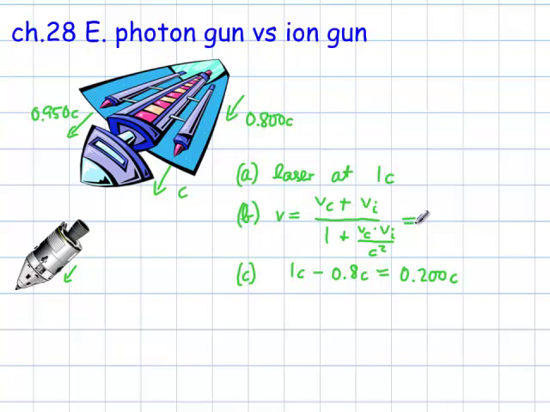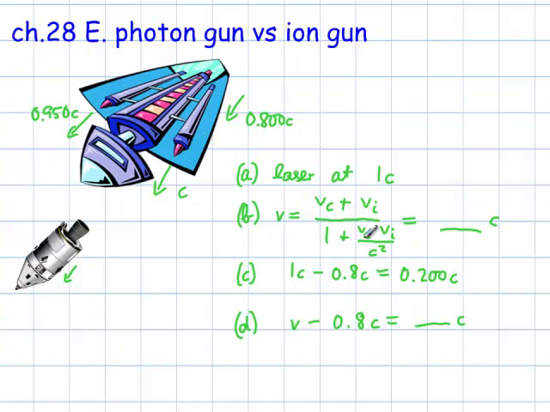And then I would have to plug that in and come up with something in terms of the speed of light. And then part D is simply going to be the V that I will calculate minus the 0.8c, and that also comes out to some kind of number here in terms of the speed of light.